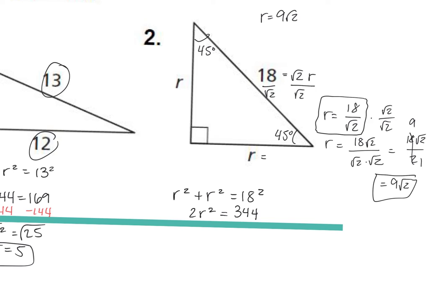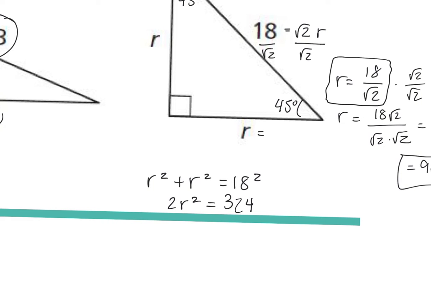Can someone double check that? What? 324? Thank you. There we go. 324. We divide both sides by 2.